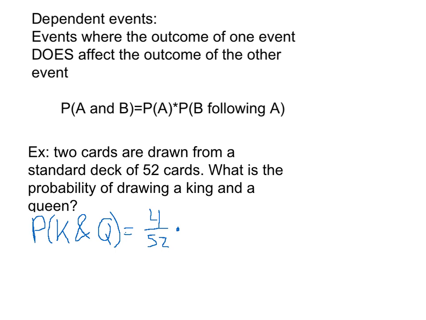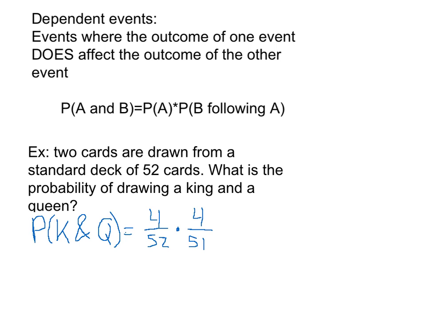So that means there's 51 cards remaining. There's still 4 queens because we're saying I've already drawn one card and it's a king. What's the probability that that second card is a queen? So I haven't drawn any queens yet. So there's still 4 queens remaining, but there are now only 51 total cards remaining.